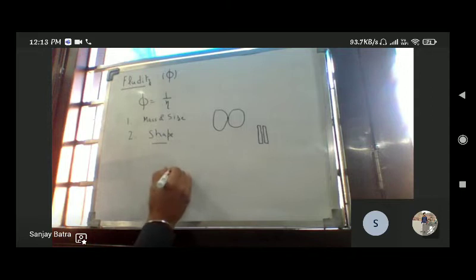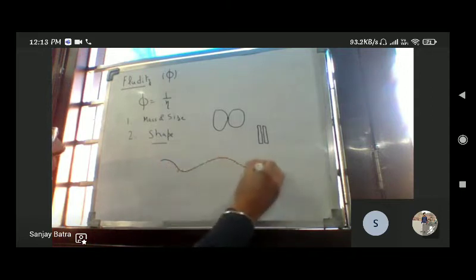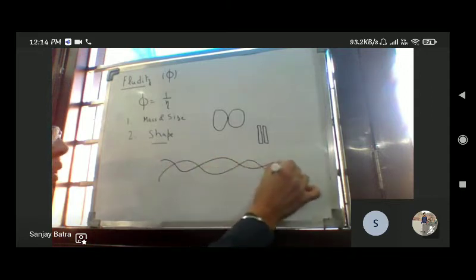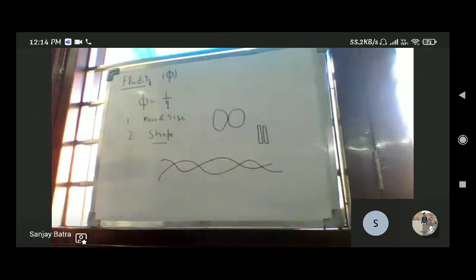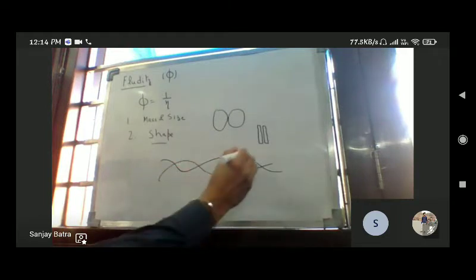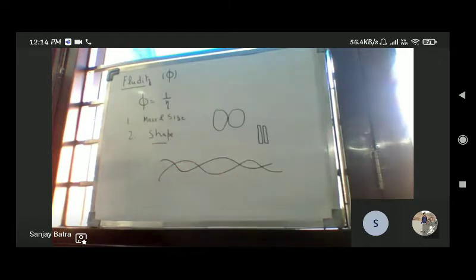And molecules with flexible chains like polymers also offer more resistance because they entangle with each other. You have read about DNA, right, two strands of nucleic acids. Yes. So molecules having large flexible chains like polymers entangle with each other.